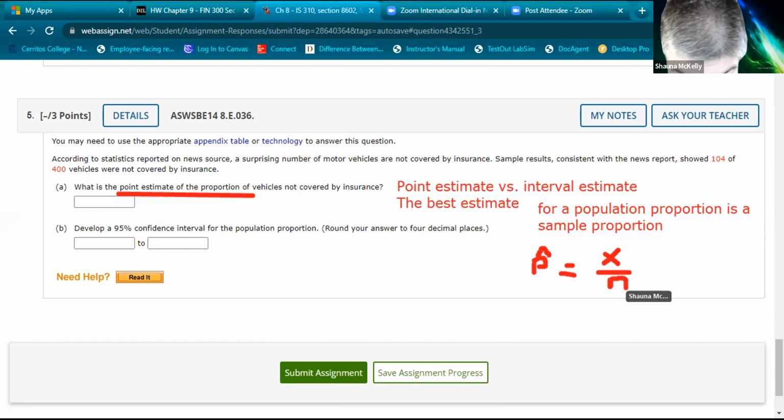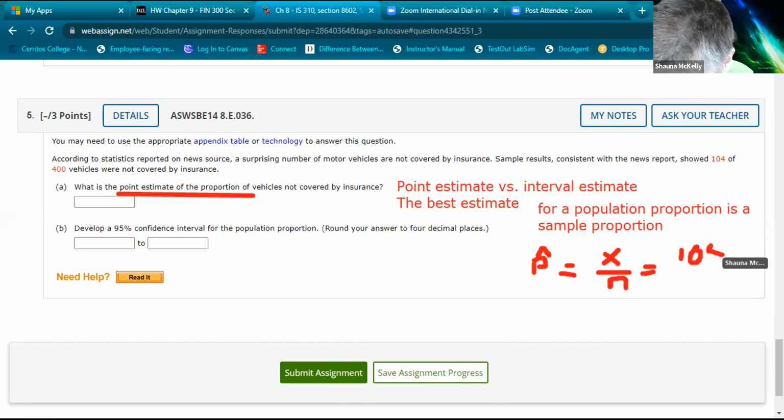Is just calculate that. So it says 104 of 400 vehicles. So we're going to say 104 and 400 vehicles. So 104 divided by 400.